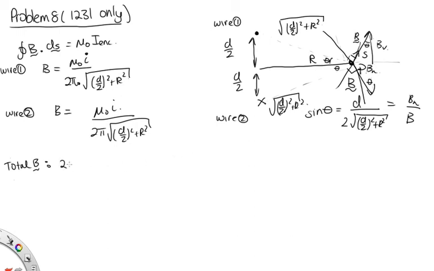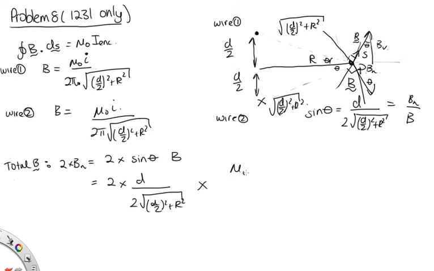So it'll be 2 times B_H, which will be 2 times, now the horizontal component is sine theta times B, so sine theta B. Now sine theta is d over 2 square root of (d on 2) squared plus r squared, and B is given by this, mu naught I over 2 pi root of (d on 2) squared plus r squared.